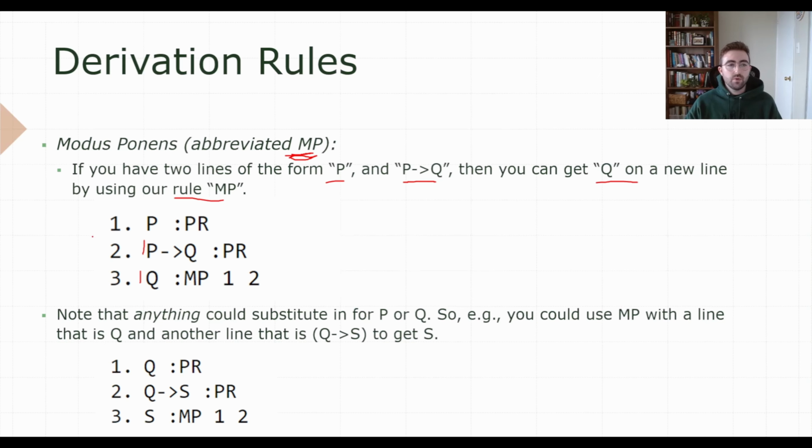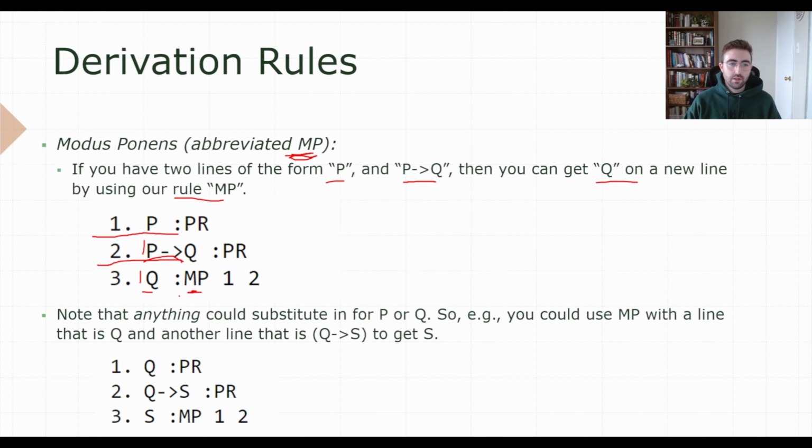Suppose on one line you have P, and suppose on another line you have P arrow Q. In this case we'll call them premises, but they could be anything as long as you have them on a line. If you have a line with P and a line with if P then Q, then you can output Q by using modus ponens. After the colon, it always tells us how we got this line.